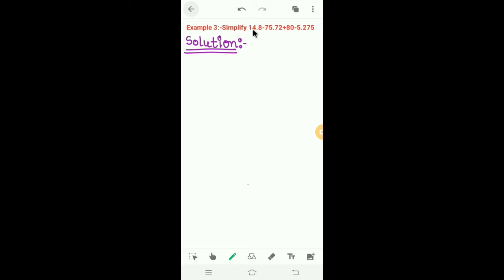Here first we have to arrange positive sign numbers on one side and negative sign numbers on one side. 14.8 plus 80 minus 75.72 minus 5.275.